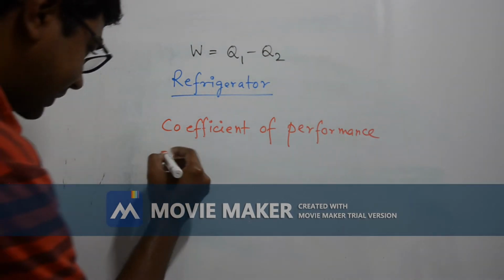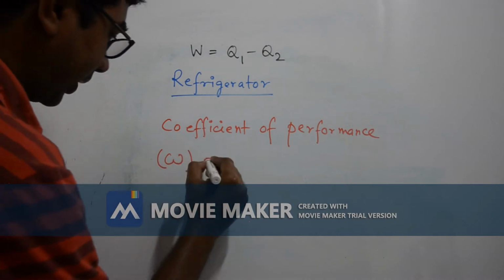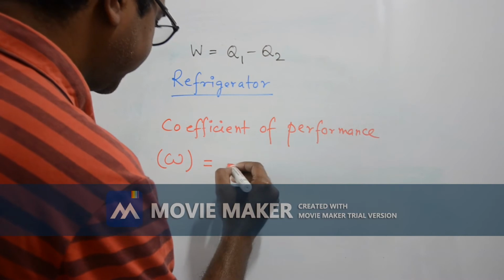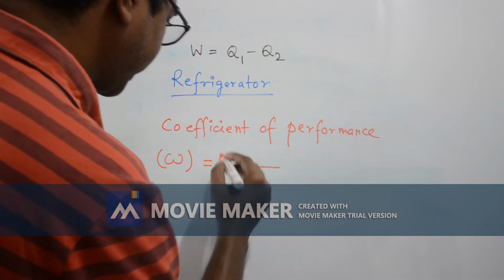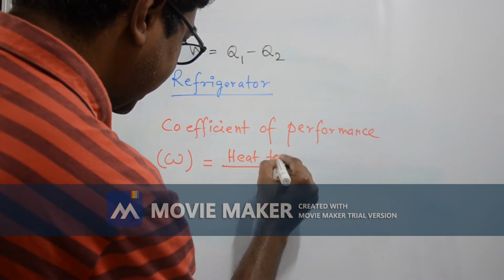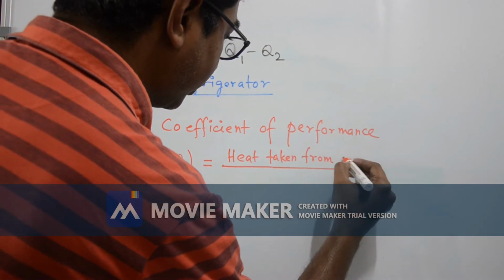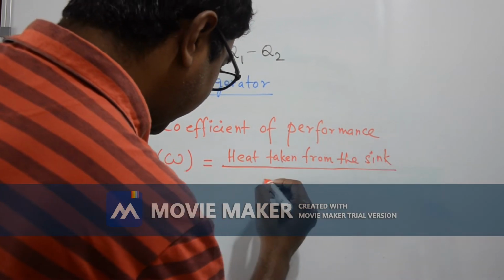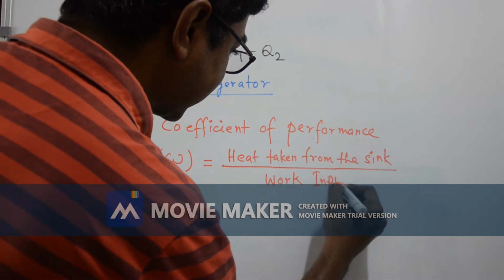Generally it's denoted with the symbol omega, and the way it's defined is the heat taken from the sink divided by the work input, as simple as that.